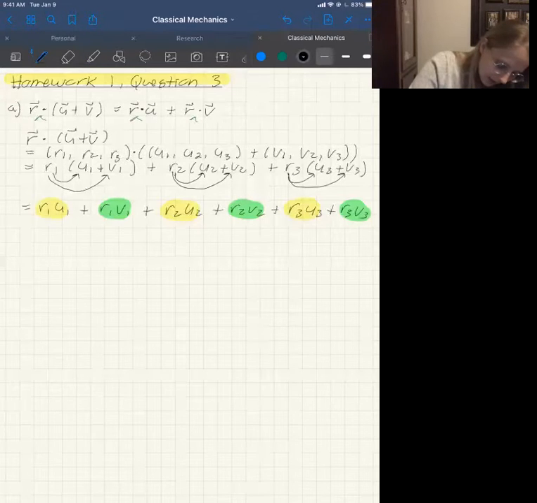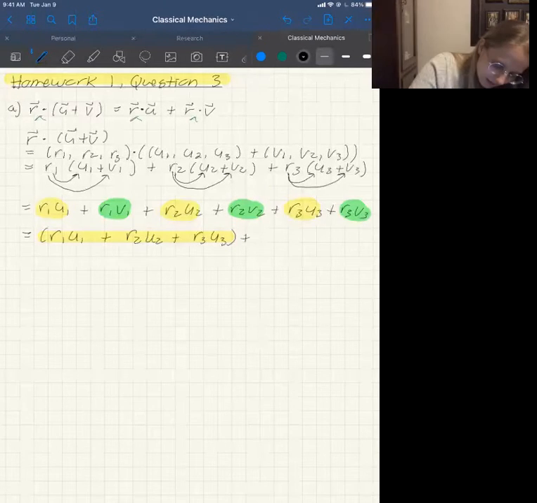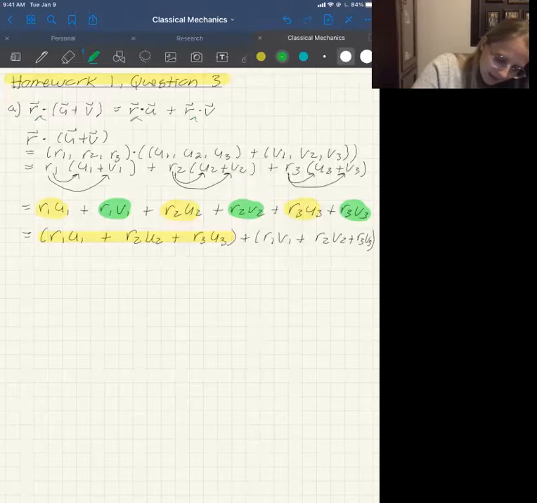If I do that, then I get the following: R1U1 plus R2U2 plus R3U3. That is just the yellow terms I highlighted above, grouped together, plus R1V1 plus R2V2 plus R3V3. And that is simply the green terms I highlighted above, grouped together.